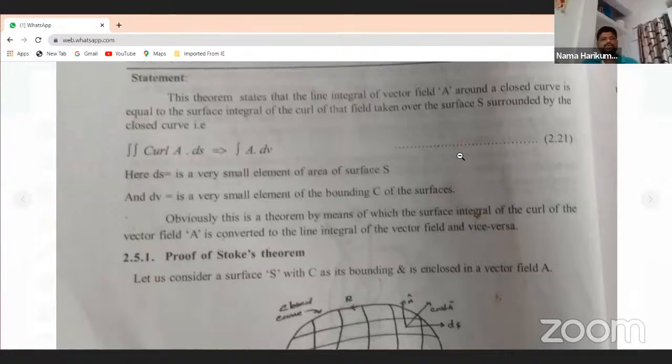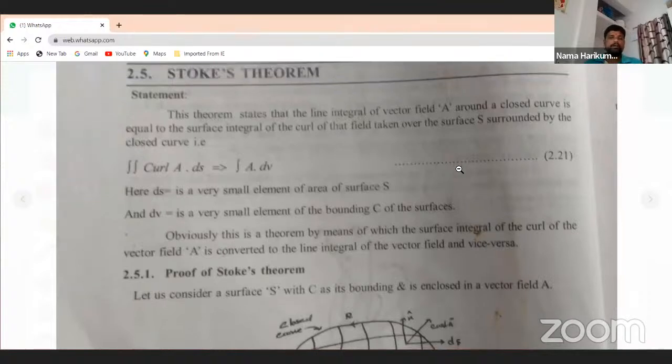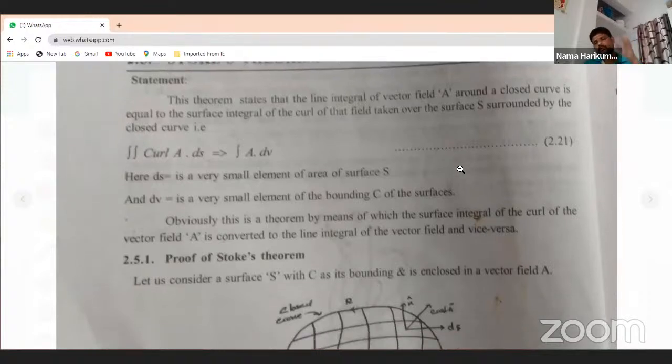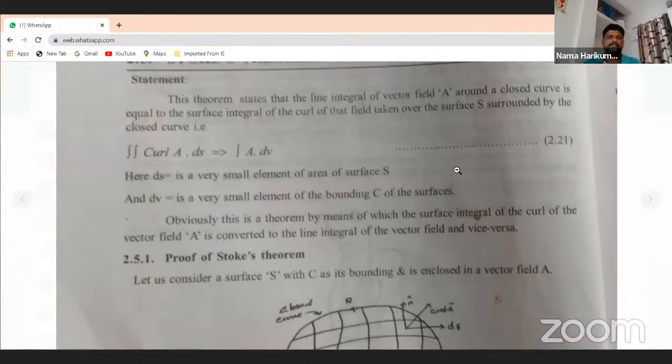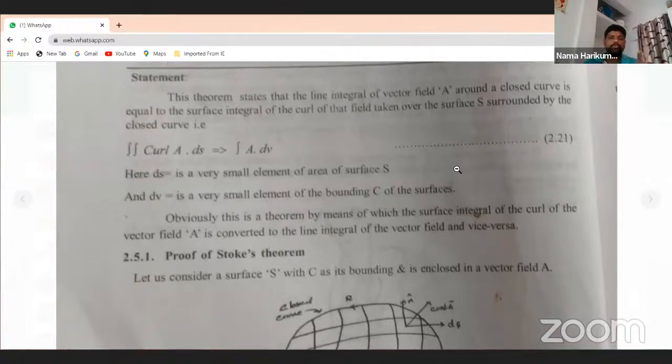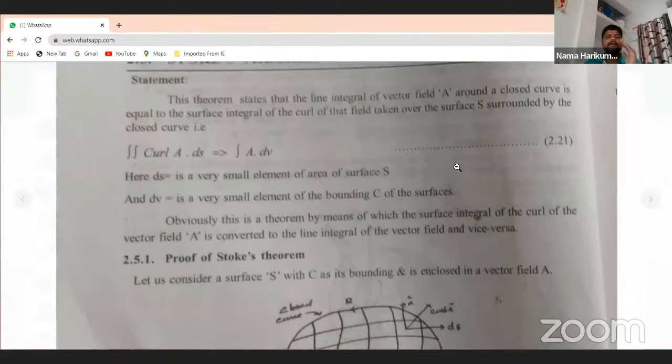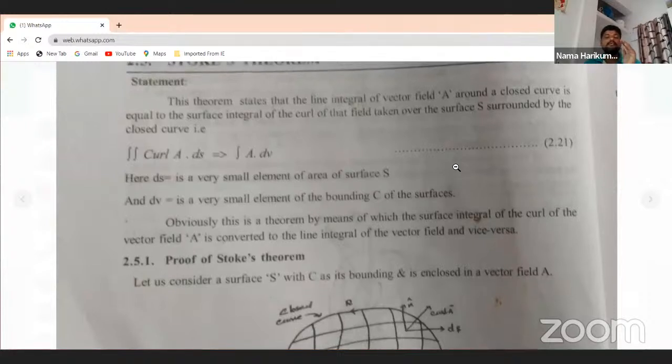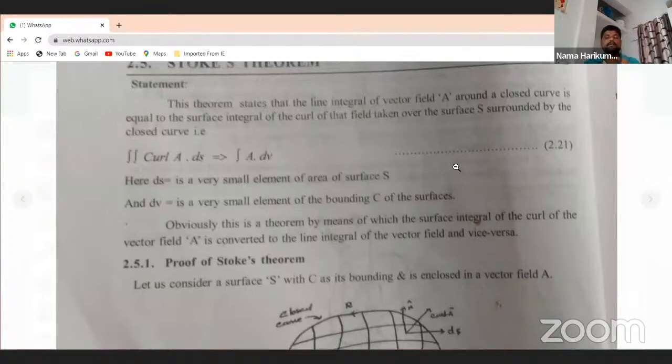First of all, in the Stokes theorem statement, it is very easy. You know that one. What is a line integral, what is a surface integral, and what is a volume integral?